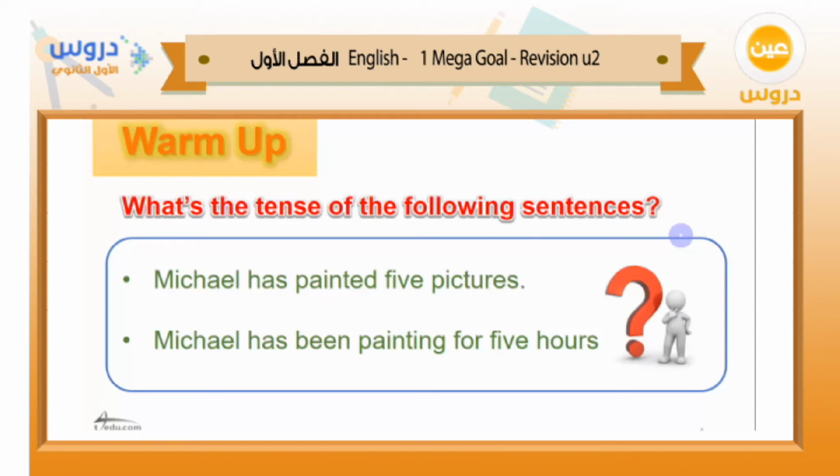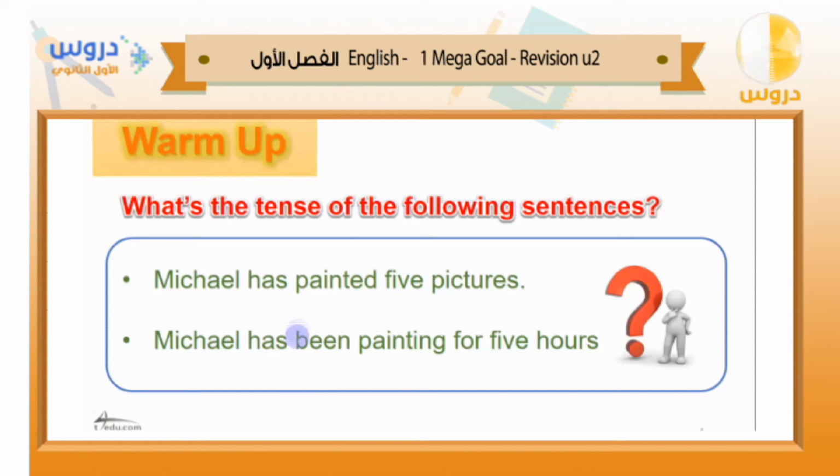Warm up. The question of the warming up page is, what's the tense of the following sentences? We have two sentences. Michael has painted 5 pictures. Michael has been painting for 5 hours.